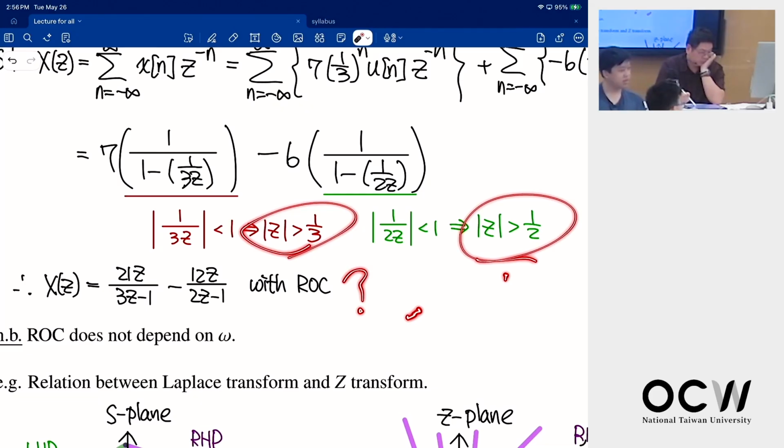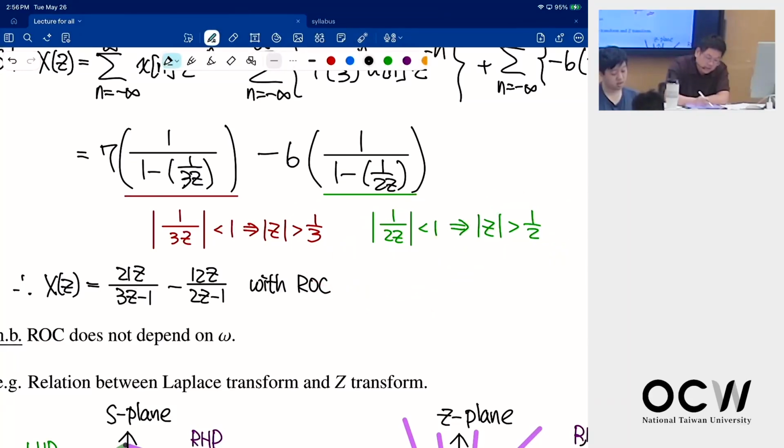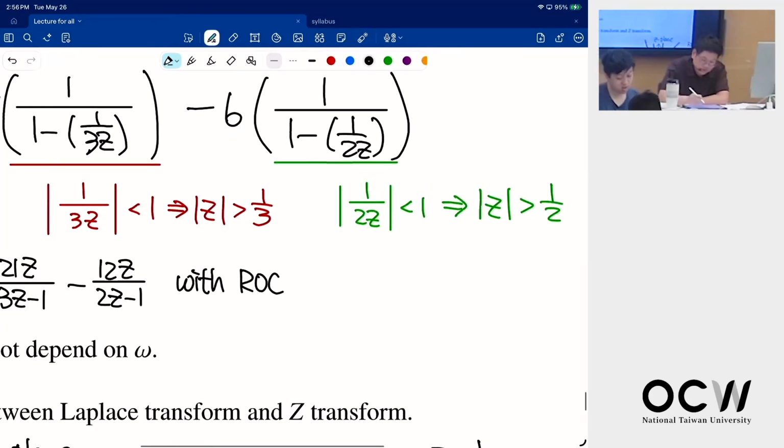Greater than 1/2, right, because we need the intersection. Yeah, so we should choose this one, right? This one also includes this. So here, z is greater than 1/2.